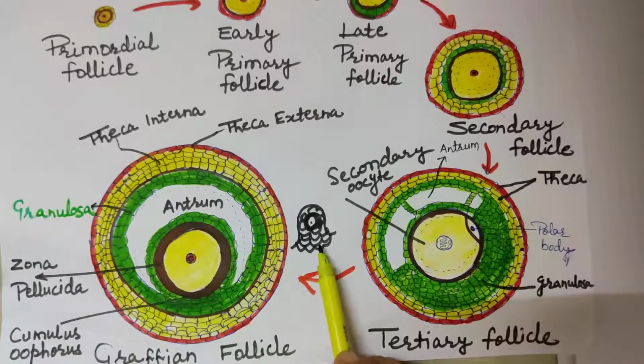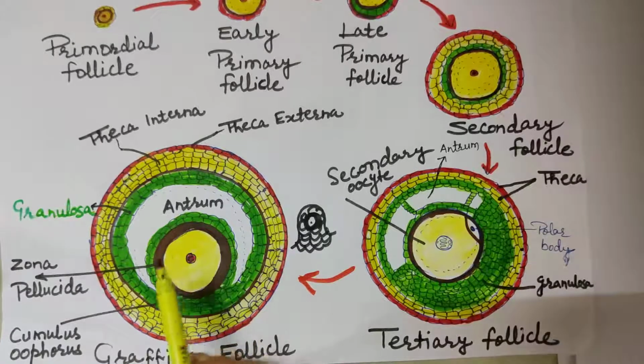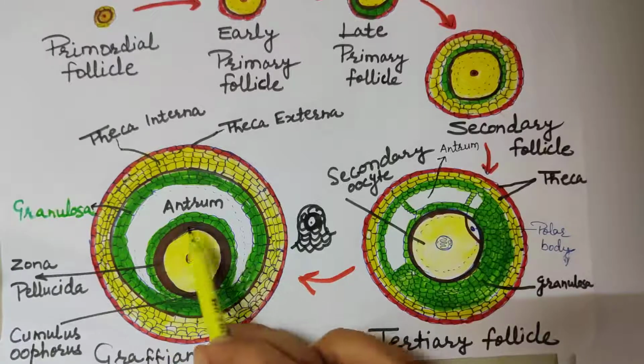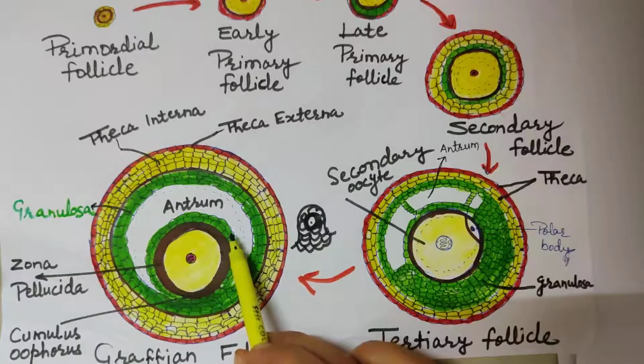It is formed by granulosa cells to provide support to the secondary oocyte. They arrange themselves in this way. We call this stalk-like structure cumulus oophorus. Okay, what is the name of this structure? Cumulus oophorus.